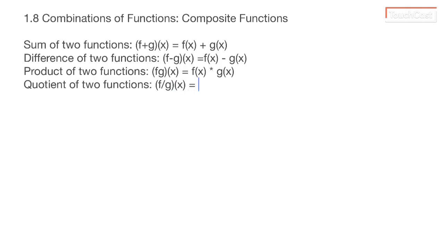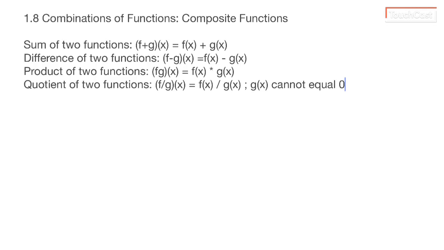That's going to equal f of x divided by g of x, with the condition that g of x cannot equal 0, because we can't have our denominator be 0.